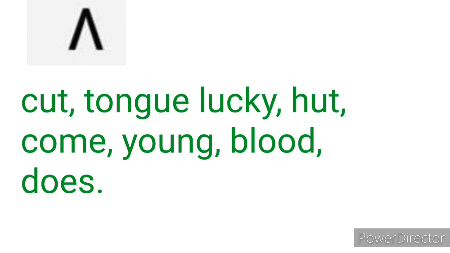So the right pronunciation is heart and not actually hot. And we pronounce the word calm as calm, the word young as young, the word blood as blood, and the word does as does. I hope you got that.